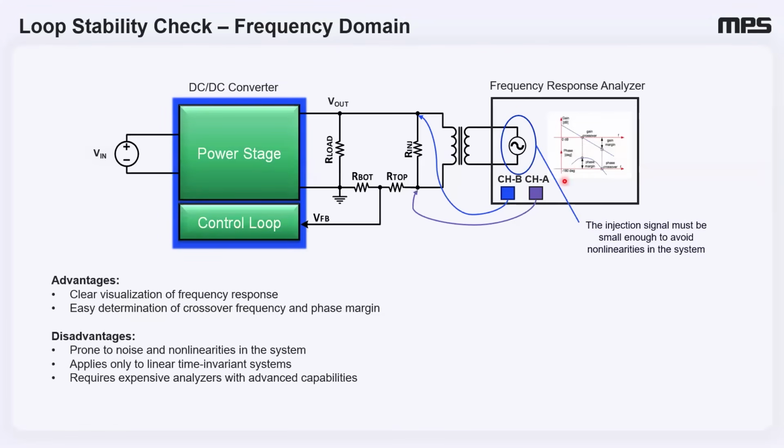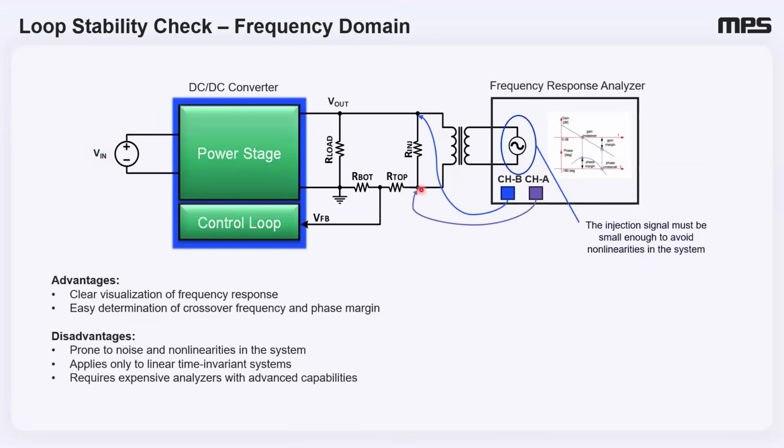As shown, one can connect the frequency response analyzer input channel A and channel B to the injection point in the feedback loop, and the injection point is created by having an injection resistance, which is in terms of tens to 20 ohms.